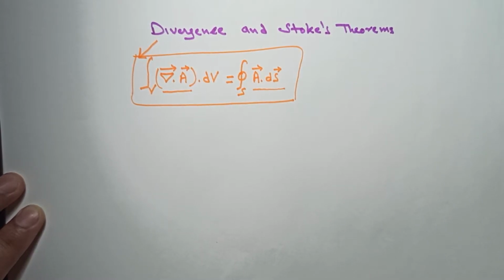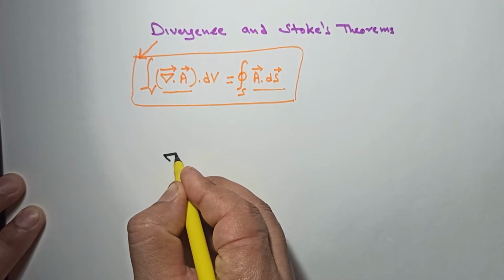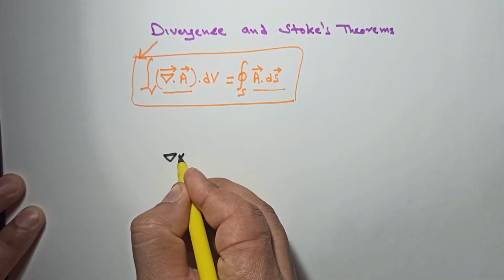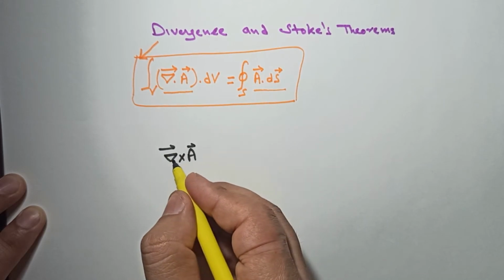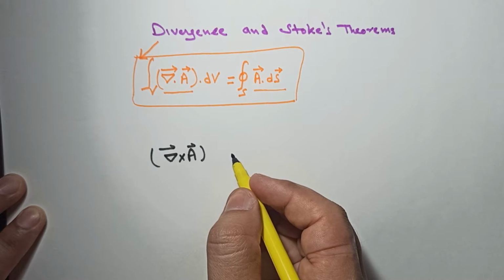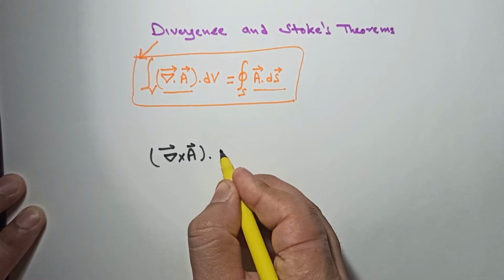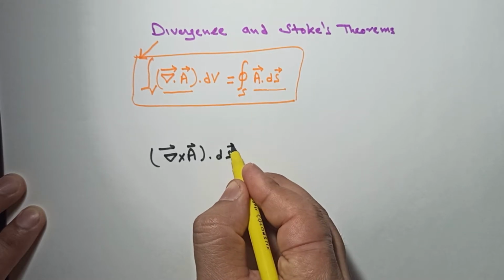It says that the surface integral of the curl of a vector field, again let us assume A is a field, is given like this, with dot dS.